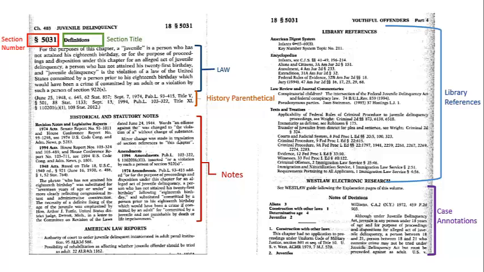It's going to give you case law that has annotated the statute, as well as those library references to law reviews, texts, treatises, all of your secondary materials that you find useful. So again, I wanted you to get a look at the breakdown of the print version so that you know what is available and what to look for when you're using the online version.